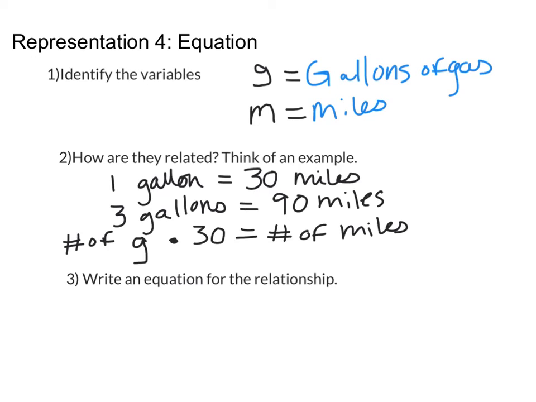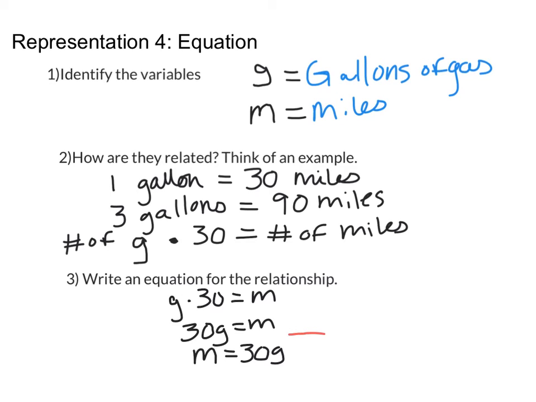Finally, we're almost there, but we need to write that equation for the relationship. So since the number of gallons times 30 gives us the number of miles, then we could say that 30G, because that's what the coefficient means, right? That's the multiplying, equals M. And of course, we can always write it the other way around too, that the miles equals 30 times the number of gallons.